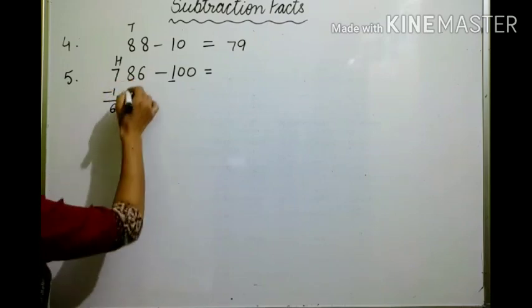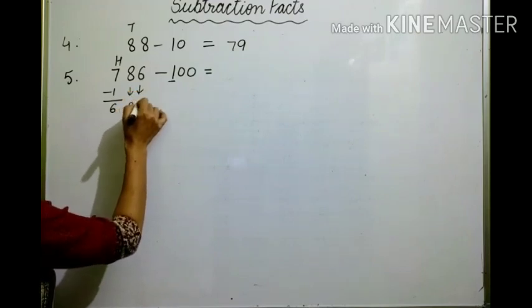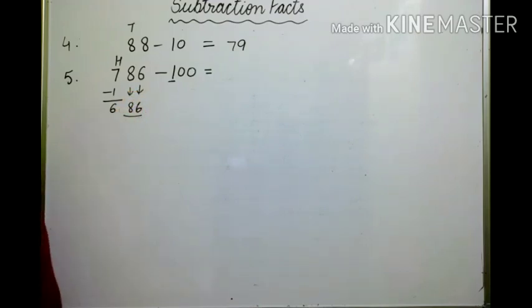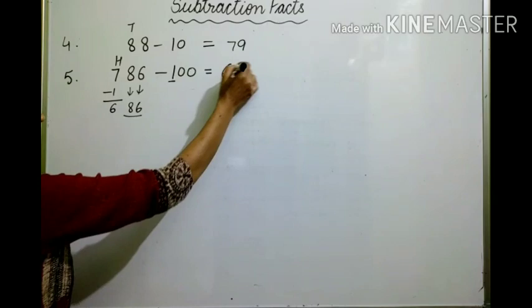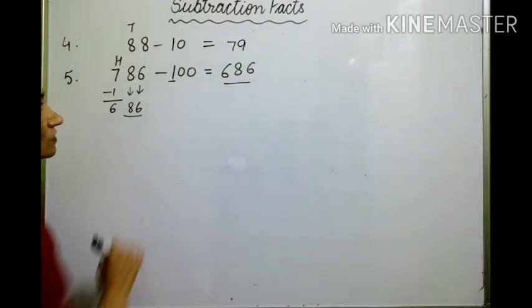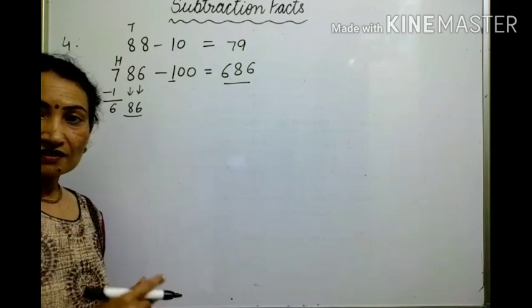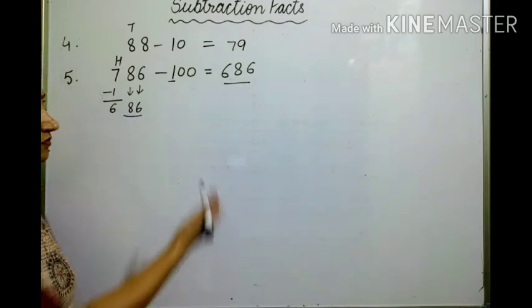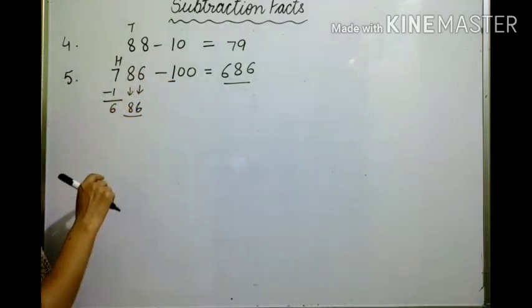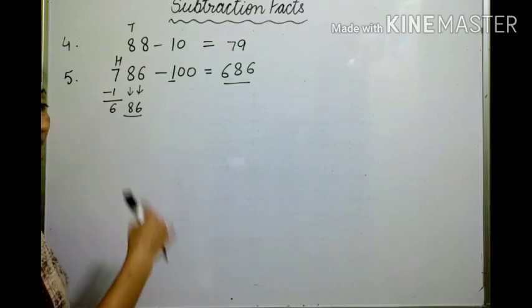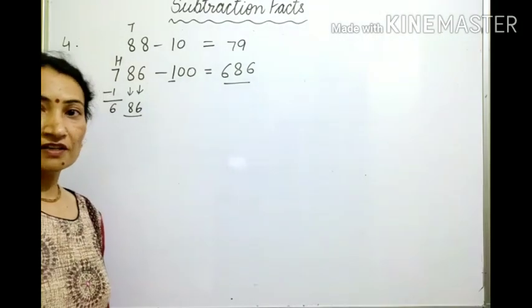Here it will be 6 and the other 2 digits will remain the same, which are at the tens and ones place. So we'll keep in mind, in addition if we add then we increase, but if we subtract then we decrease. Decrease means we do minus 1.